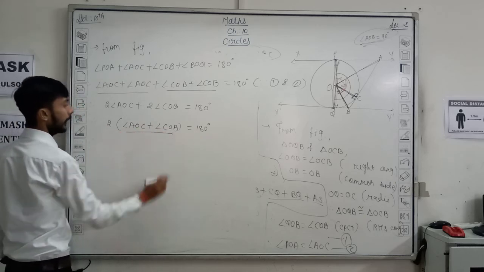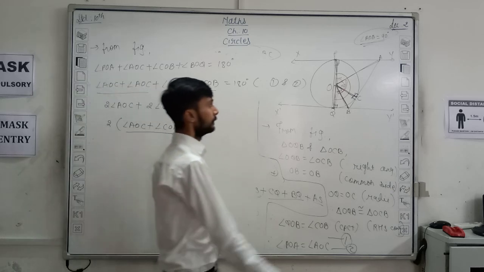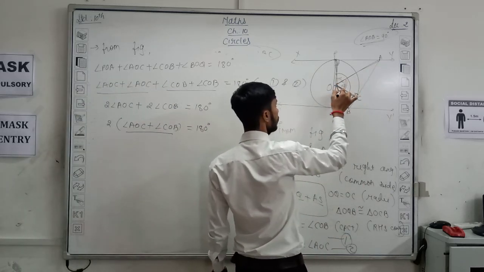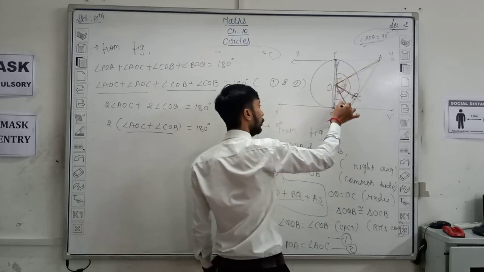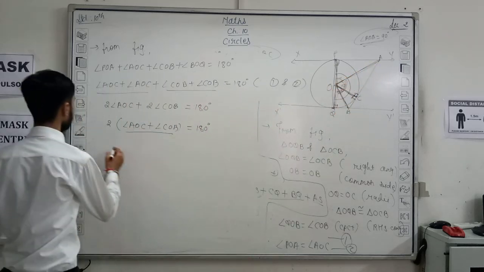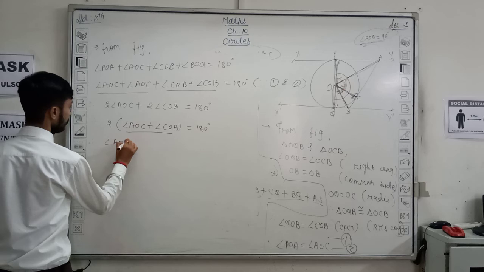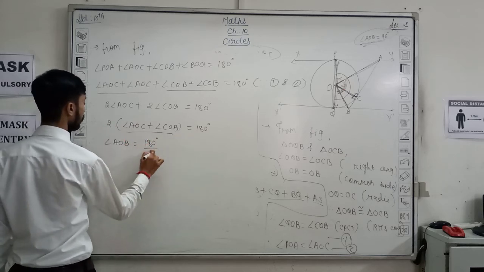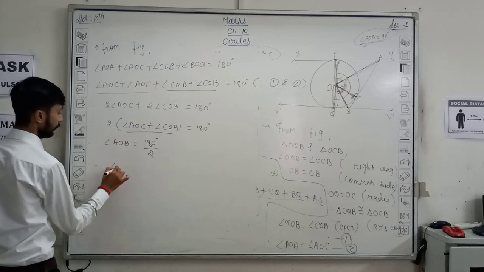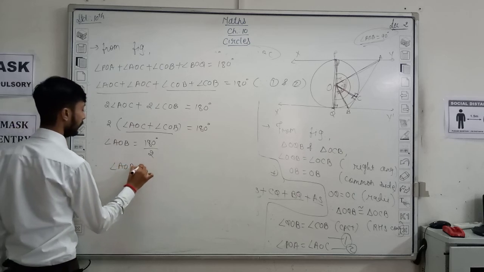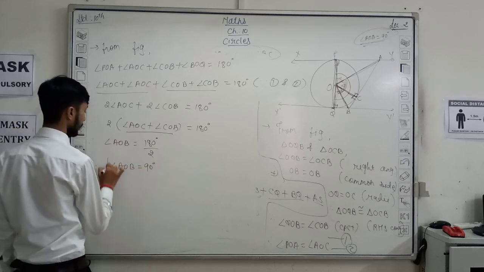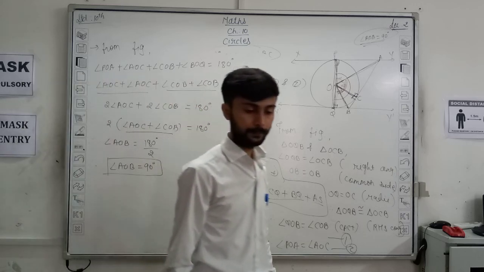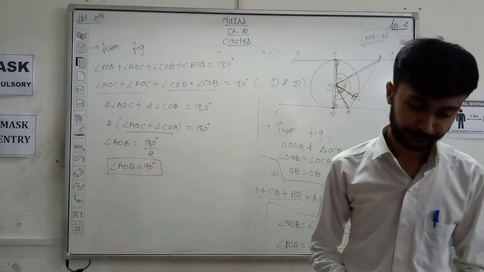So AOC plus COB, that is this whole AOB, equals to 180 by 2, and therefore angle AOB is of 90 degrees. Understood? Okay.